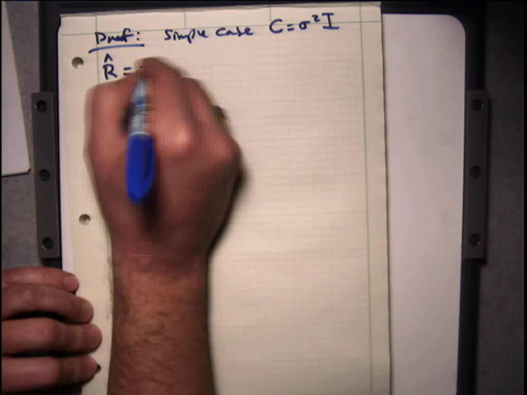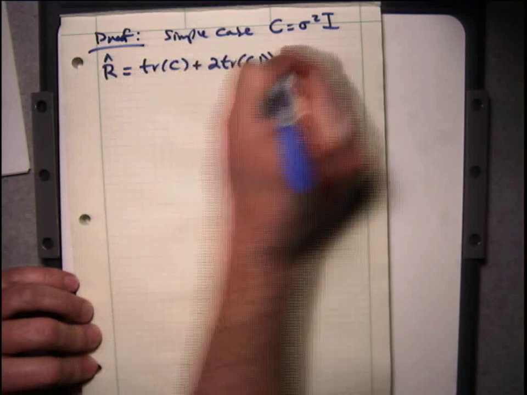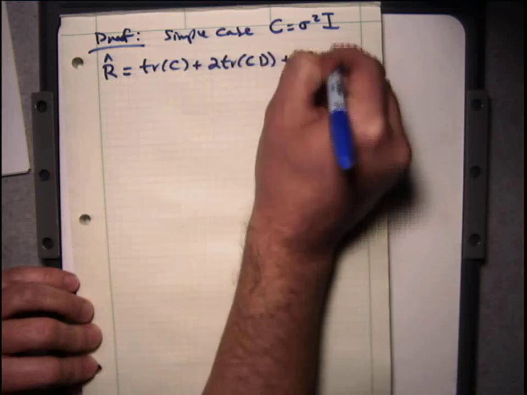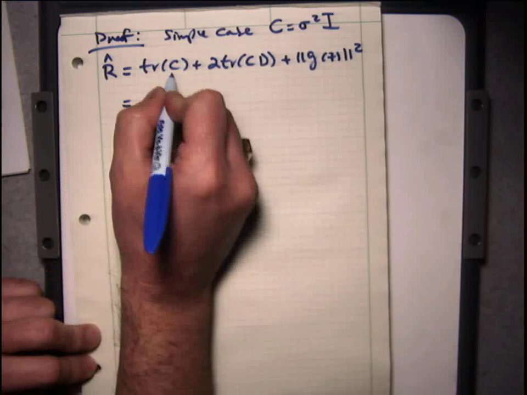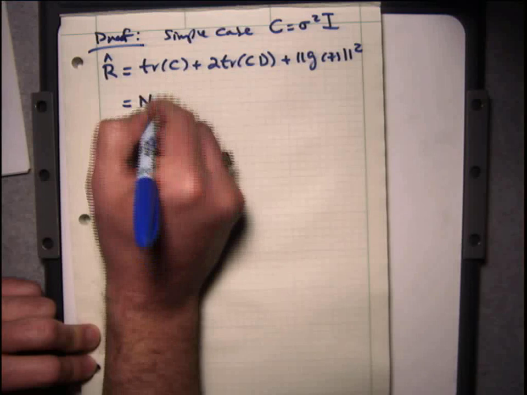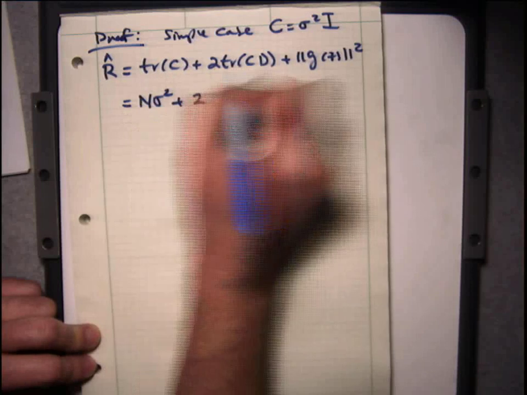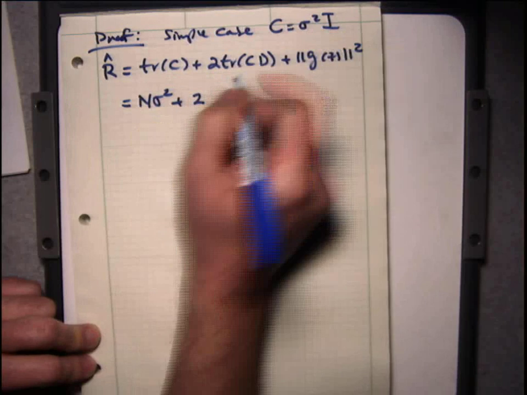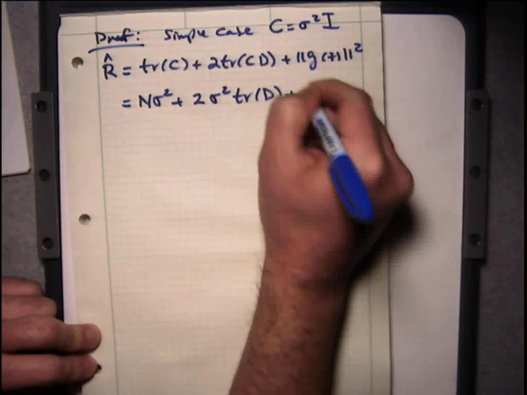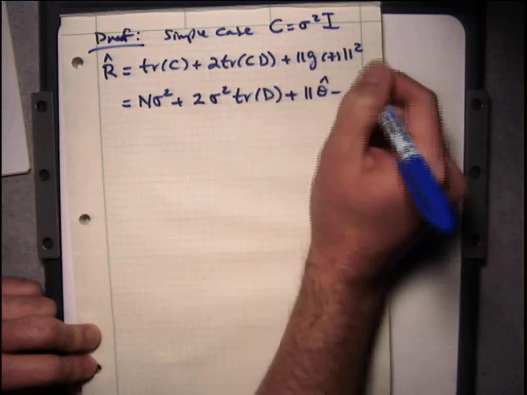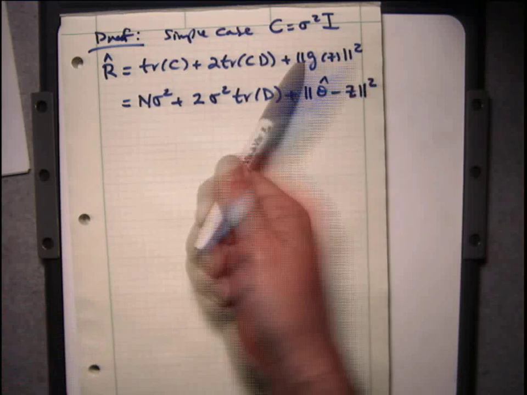This is the trace of C plus 2 times the trace of CD plus the norm of G of Z squared. This trace of C is sigma squared identity, so this is n sigma squared plus 2 times C, which, again, you plug that in here, becomes 2 sigma squared trace of D plus the norm of theta hat minus Z squared. I've just plugged in what G of Z is in here.